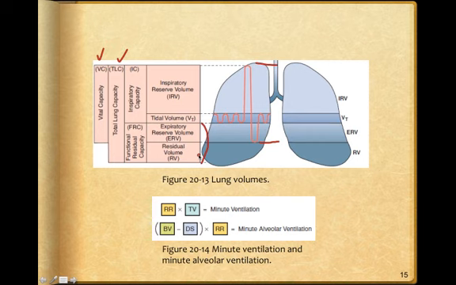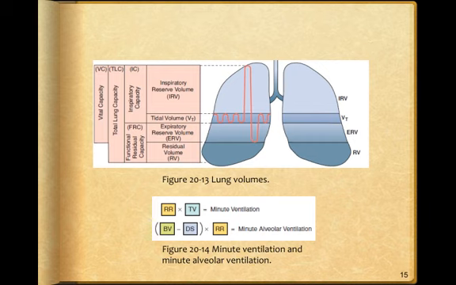Functional residual capacity is essentially, if we put pressure into it or we breathe a little bit more, what would be our functional capacity that would reside in the lungs. Minute ventilation is important because it's all based off of surface area.